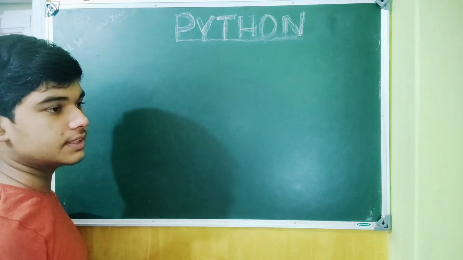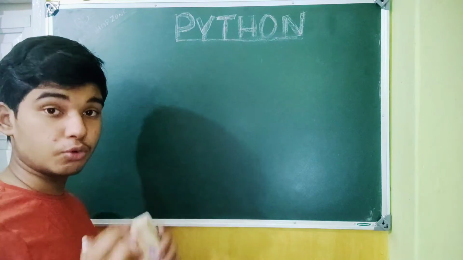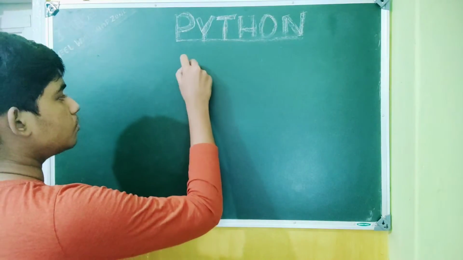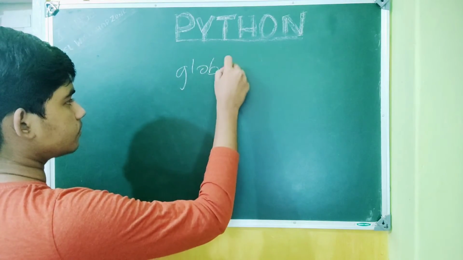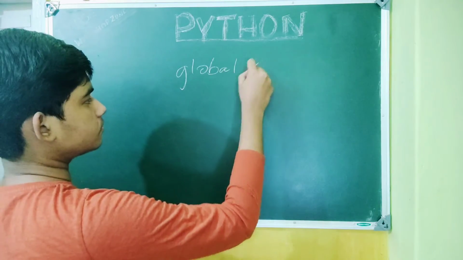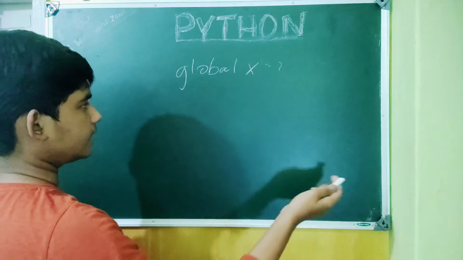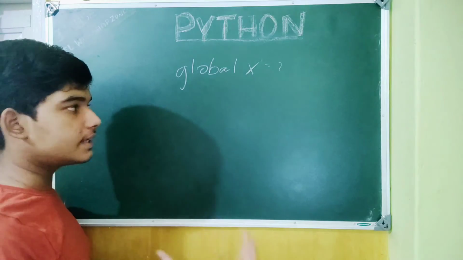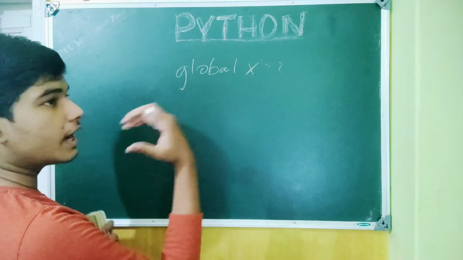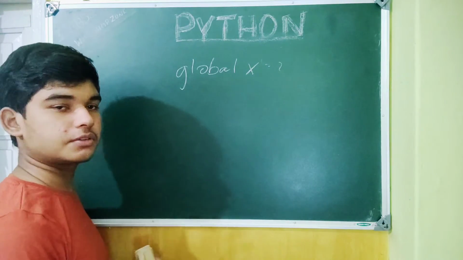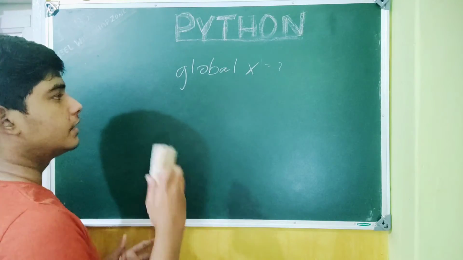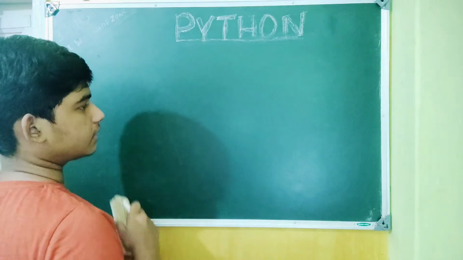You can use the keyword known as global. By using the keyword global, you can use the variable outside of the function, inside of the function, wherever you want, multiple times. So that is how the global keyword is used.